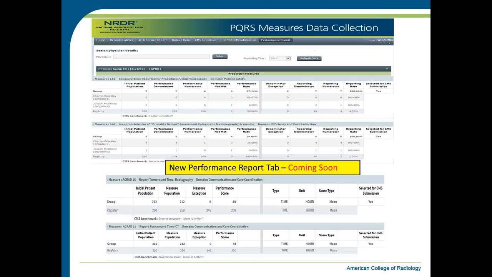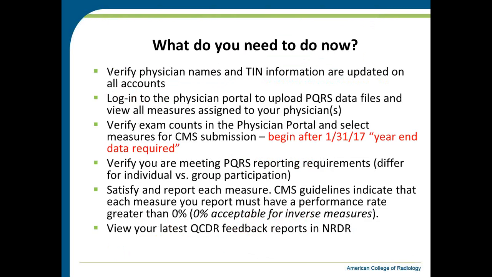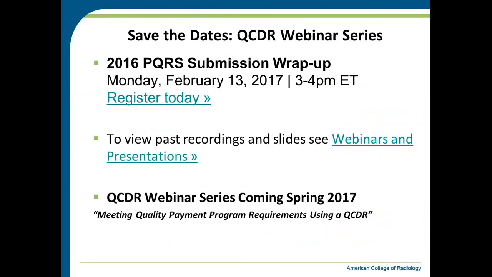So we're over time. If you have any more questions, feel free to email nrdr@acr.org. Our next call will be February 13th. Between that time, January 31st and mid-February, we're going to be sending all facilities a snapshot of how many measures and how many domains you've given us, so that you can know where you stand as far as reporting rates and number of measures to meet the PQRS reporting requirements.